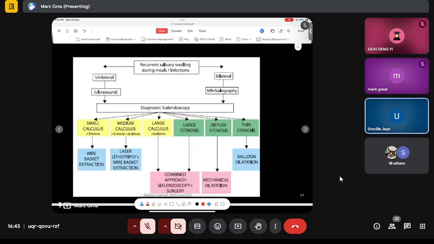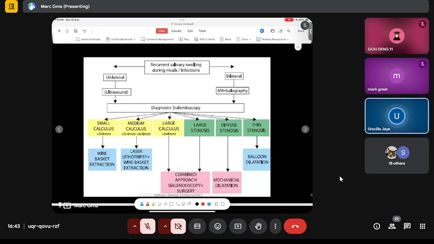Okay. So in a recurrent salivary duct swelling, you see whether it's unilateral or bilateral. If it's unilateral, you can do an ultrasound or MR sialography. So the diagnostic sialendoscopy, which we do here in Penang GH, you basically put a camera in. So you dilate the duct and then you put an endoscope through the duct.